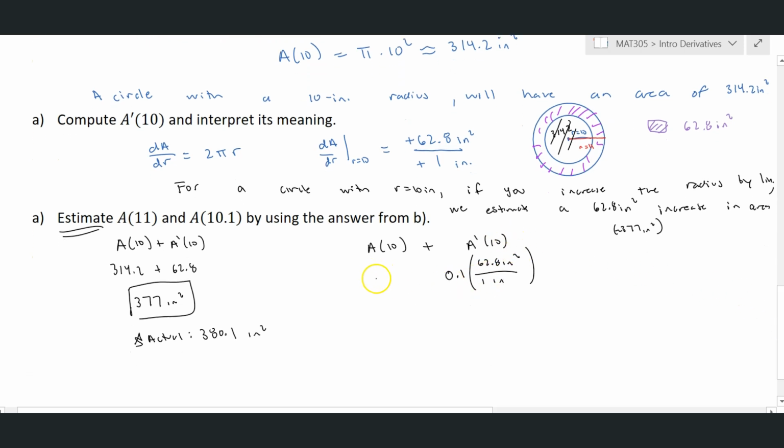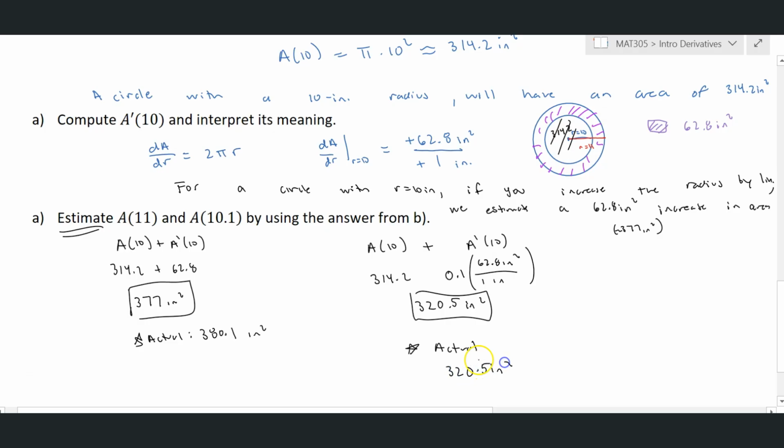And so now I would get 314.2, and 314.2 plus 1/10 of that, which would be 6.28, would give me an approximation of 320.5 square inches, right? And what we should notice, if we compare that to the actual, where I plug in 10.1, so pi r squared, pi times 10.1 squared, I get an actual of, look at this, 320.5 square inches.